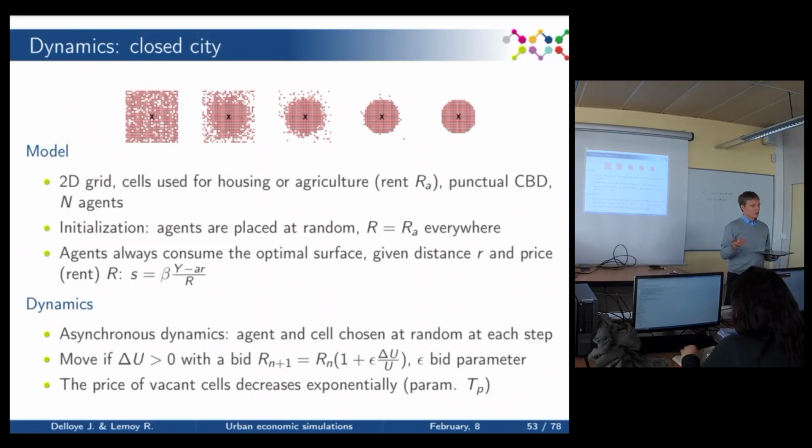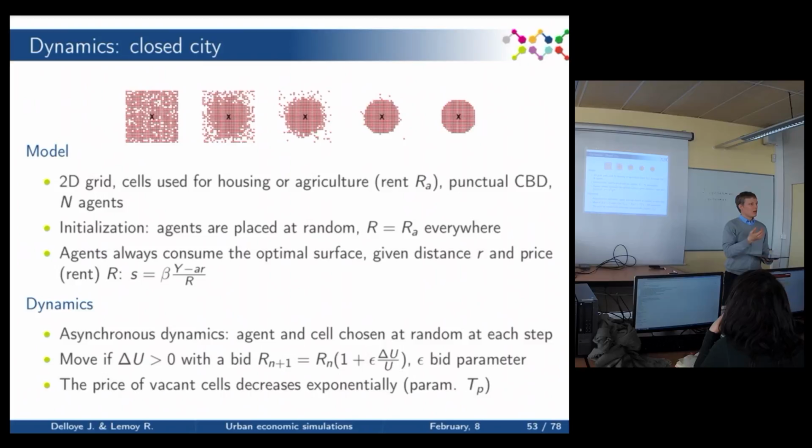You can also have models where cells update sequentially in a given order, so one cell changes and then the next one changes, considering the change of state of the previous one. Asynchronous means that you choose the cell which is changing at random at each time step.